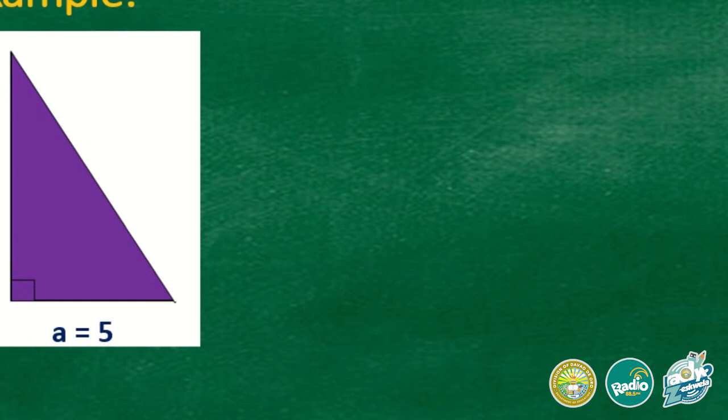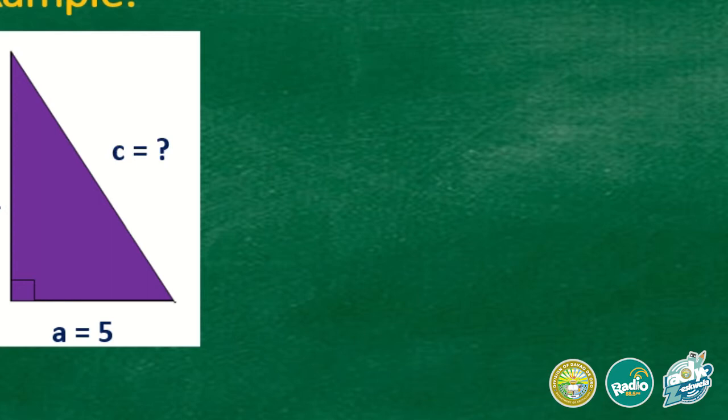So, what is the use of the Pythagorean theorem? The Pythagorean theorem is used when one of the measurements of the three sides is missing. Example: a equals 5 and b equals 12. What is the value of c?